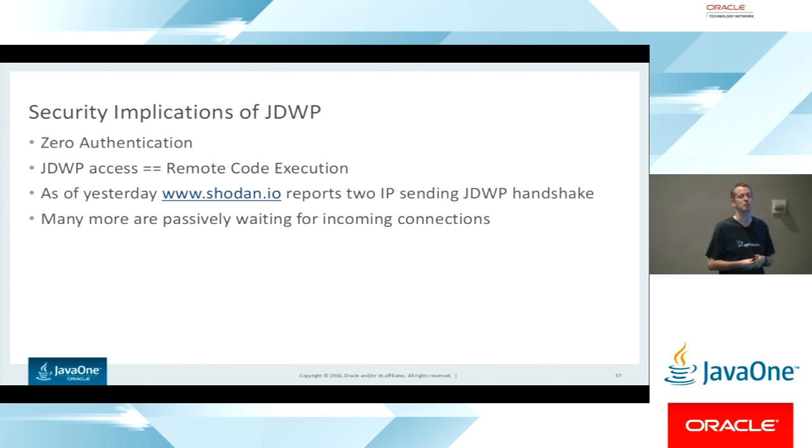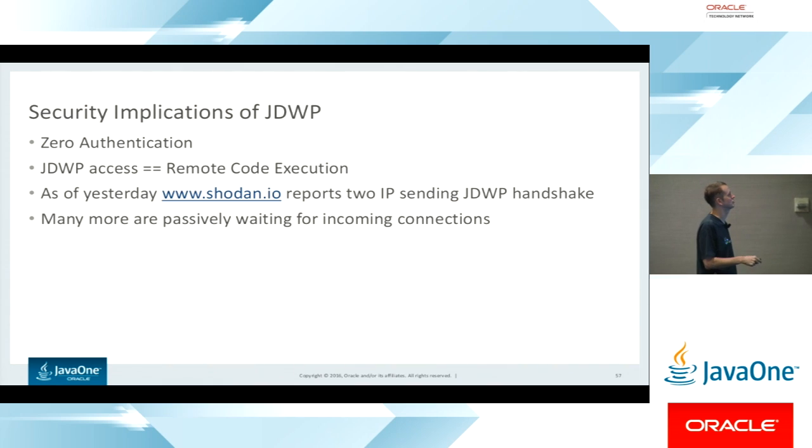And once you have that breakpoint, you own the system and you can run arbitrary code. There are exploit proofs of concept available online if you Google for this. So if you have a debugging wire protocol socket open to the world, then you are basically saying, please run arbitrary code on my system.